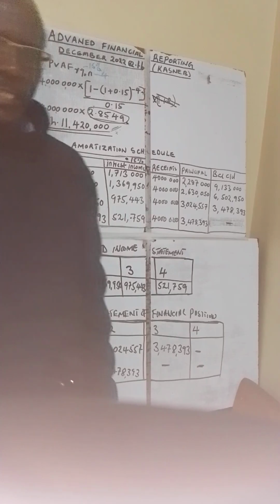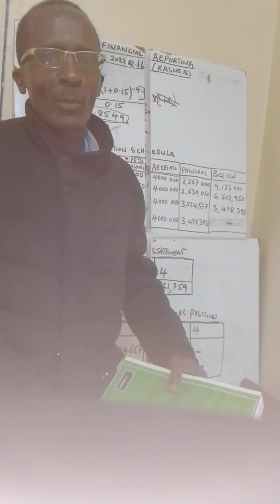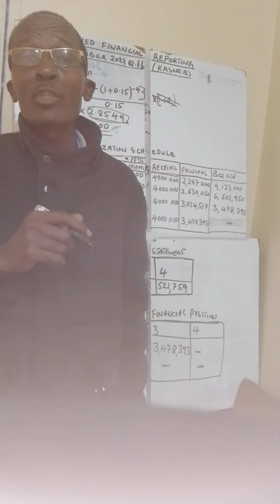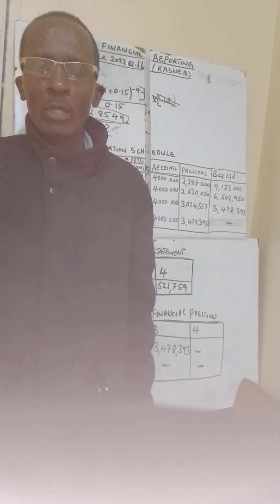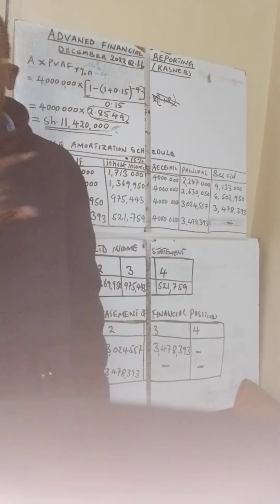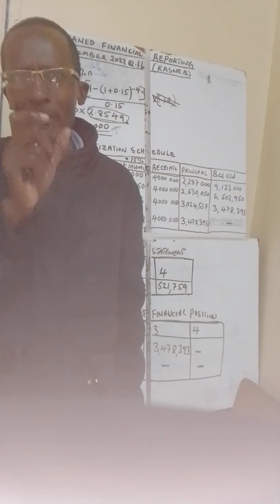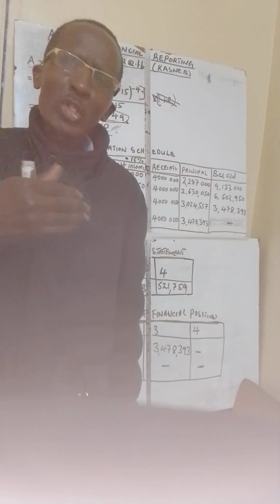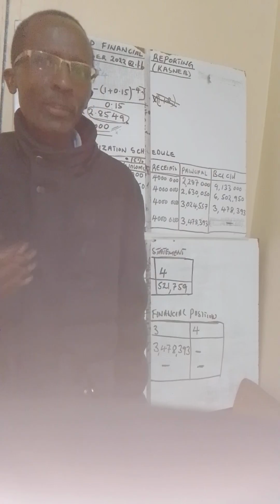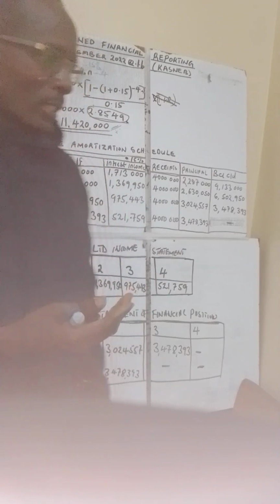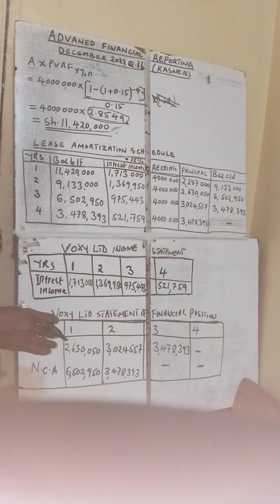With the loan amortization schedule, you used to say that whenever you make an annuity payment, that annuity payment comprises interest and principal. So you have to separate that annuity payment to know, out of the annuity payment that you are making, what portion constitutes the principal and what portion constitutes the interest. Now let's come back here to the lease amortization schedule.